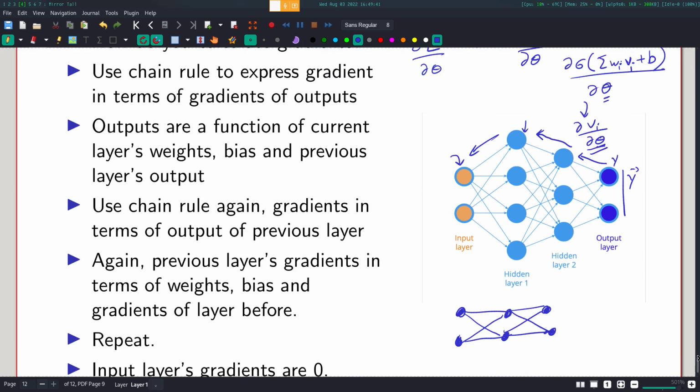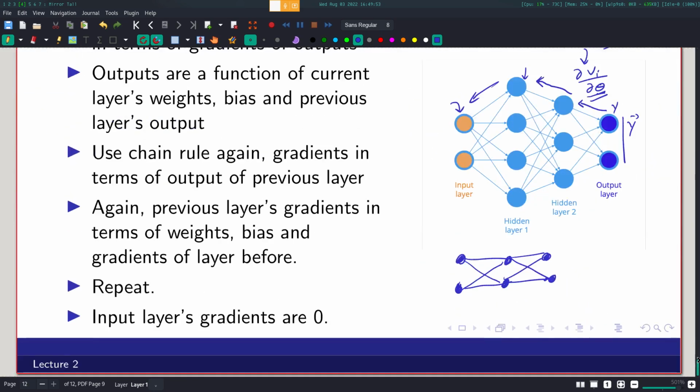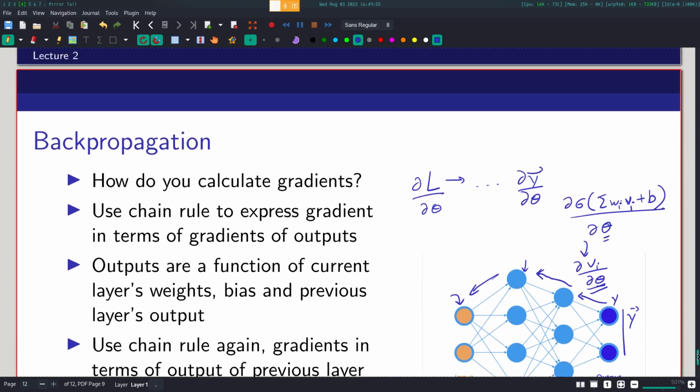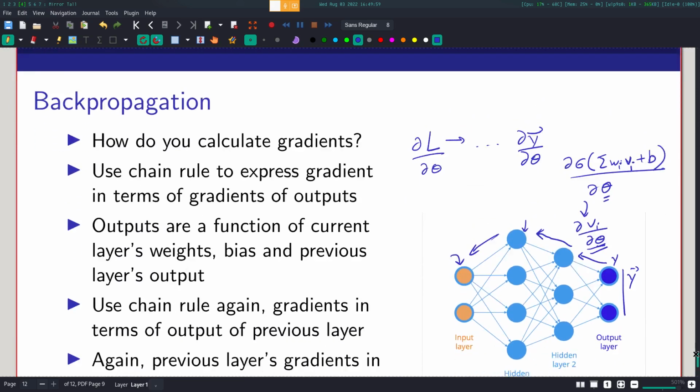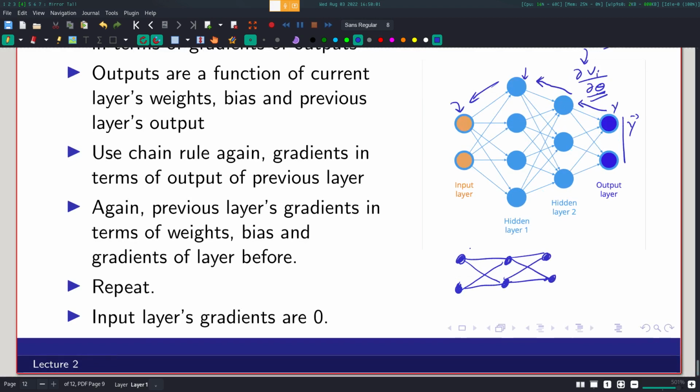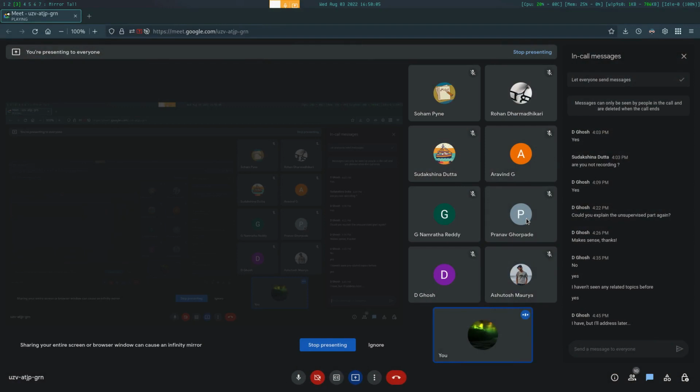Theoretically it's just applying the chain rule, going back layer by layer, expressing things in terms of the gradients of the last layer and applying the chain rule again and so on. So this is the high level concept, and I hope that at least intuitively it's clear that you can do this. The best way to understand that you can actually do this is to try it for a small network like this.